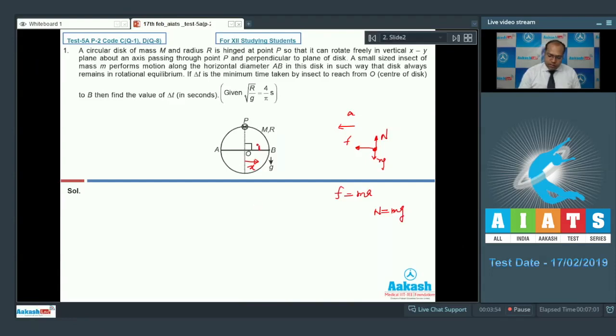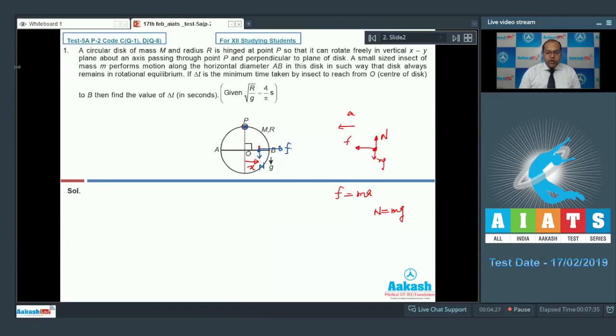Now if I consider the free body diagram of the disk, the normal is acting in this direction on the disk and the friction is acting in this direction. Since the disk is in rotational equilibrium, the torque of these forces about point P must be 0, or they must balance each other.